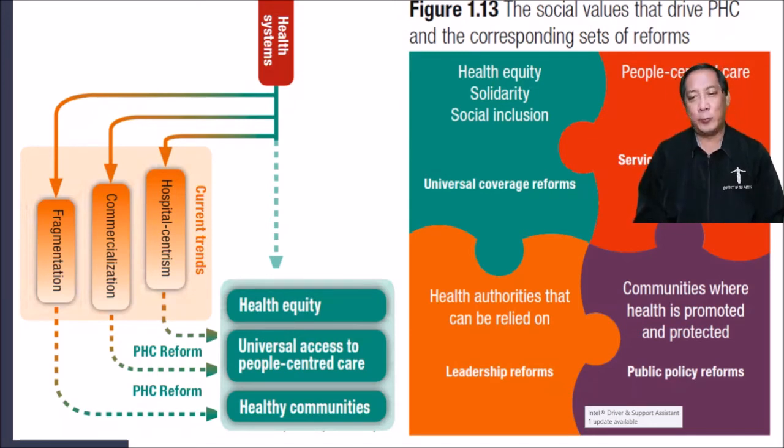Unfortunately, that is being tested now with what's going on with the COVID response. Suddenly, the OIC leadership is put in the limelight. And of course, reforms to make communities more active advocates of health promotion and health protection. And that would also include policy or public policy reforms.